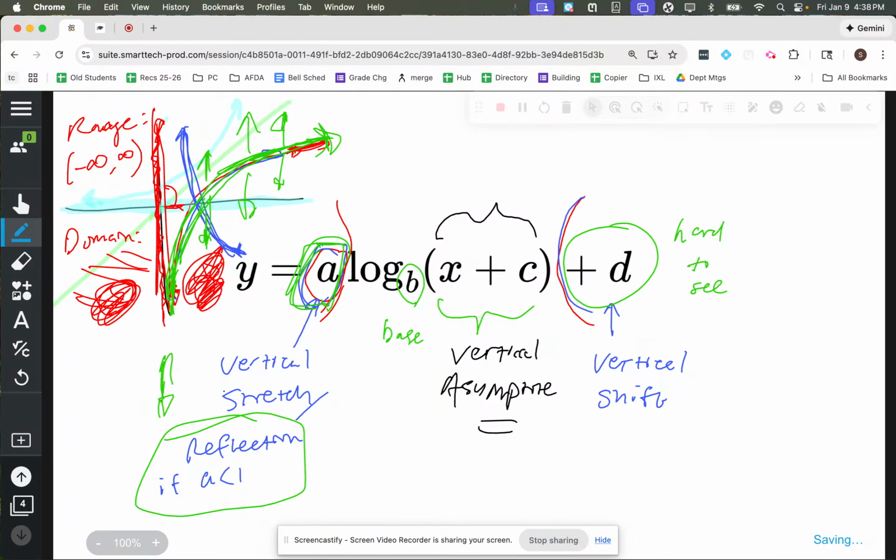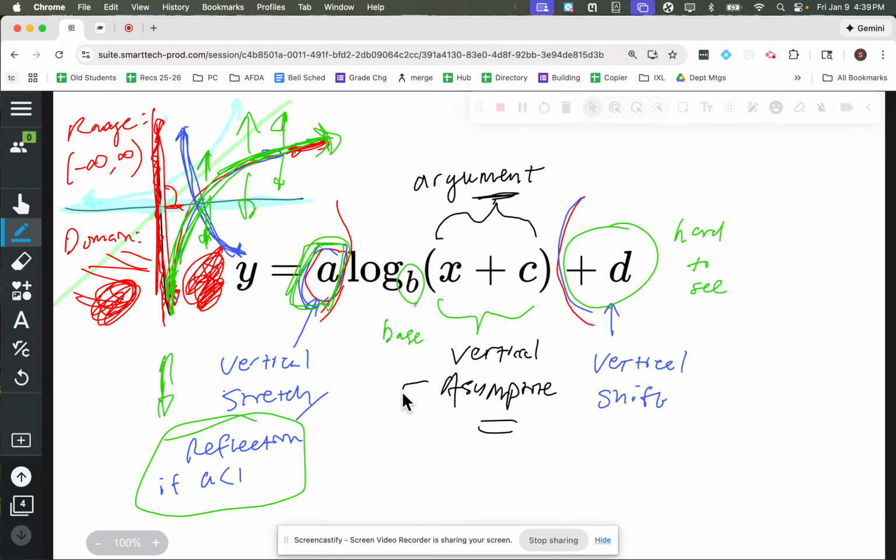I've been avoiding doing that. If you Google this, there are lots of different names that the inside of the log is called. I'm going to use this weird word, argument. This is very common math jargon for this part of the log, the argument.